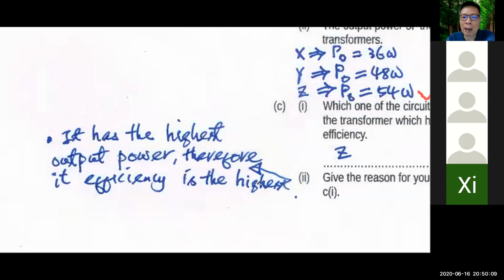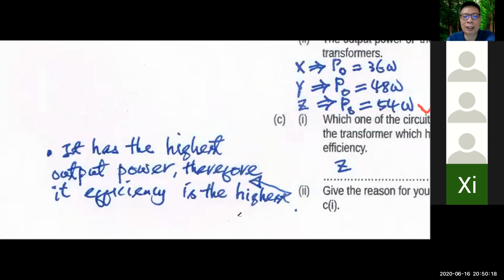When the output power is high, it means the efficiency is high, you know. Okay, very efficient now means this transformer is efficient. Highest output power, therefore efficiency is the highest, the most efficient now. So transformer Z is the best. Okay, so finish.